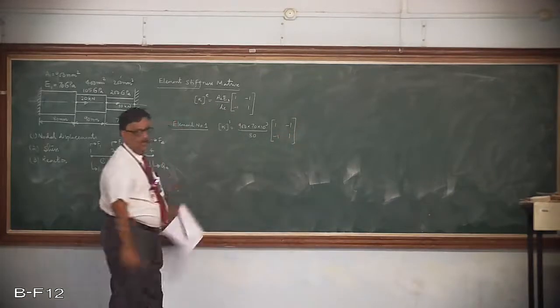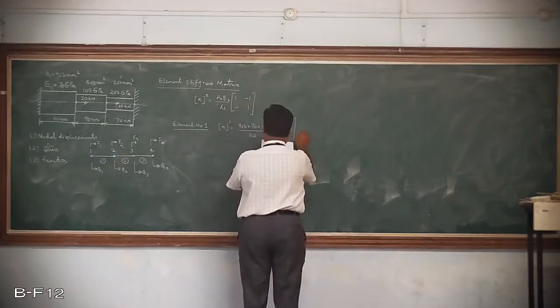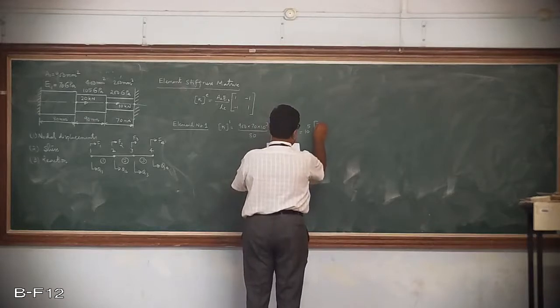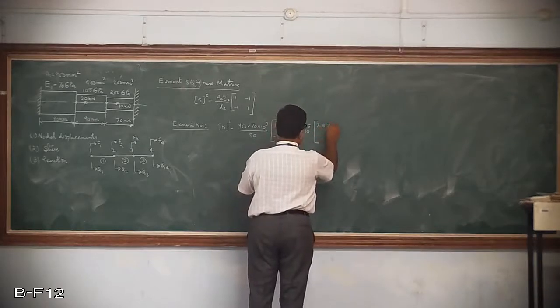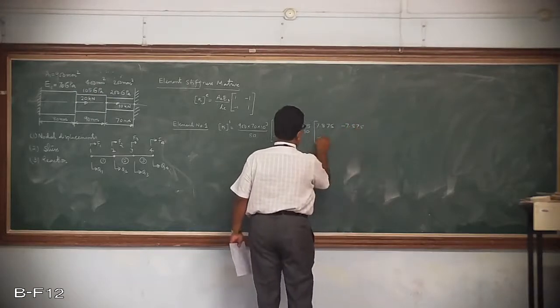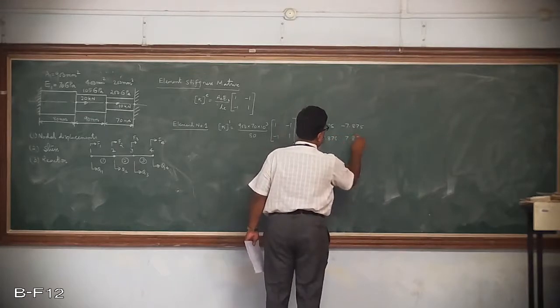When you multiply and convert this, we get 10 raised to 5 into the bracket 7.875 minus 7.875 minus 7.875 and 7.875.